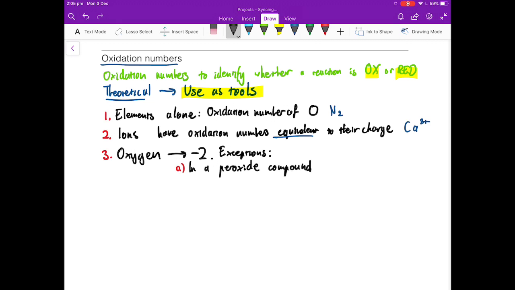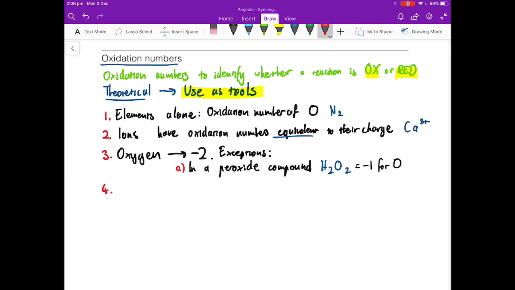The most common kind of peroxide that we might be aware of is hydrogen peroxide, which is bleach. So this would be something such as H2O2. And in these cases, it has an oxidation number of -1 for oxygen. So usually it's -2.